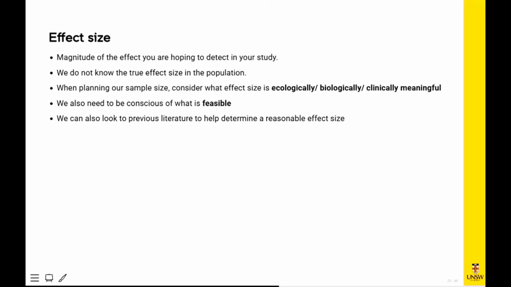So the first thing to rely on is your own knowledge and those of your research team. And then we can also look to previous literature that has been published in order to get an idea of what an achievable, feasible effect size is. And then the clinically meaningful or interesting question is a little bit separate from that.